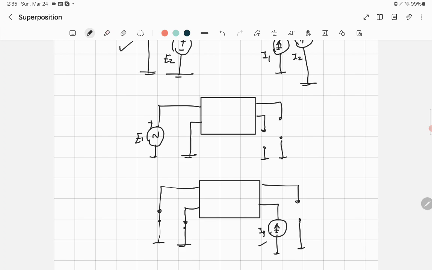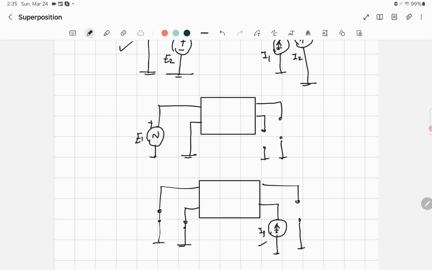The superposition theorem simplifies the overall analysis process. Okay, and also it's efficient. Why is it efficient? Because instead of solving for multiple variables simultaneously, the superposition theorem allows engineers to solve for one variable at a time.